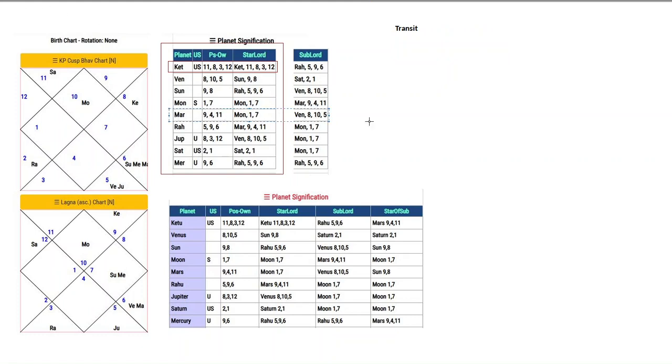In that book, this kind of segregation or partition between the planet and the sublord has been diluted, and now you have to look at all these combinations in just one particular glance. Everything comes together: the sublord, the star lord, and the planet signification.